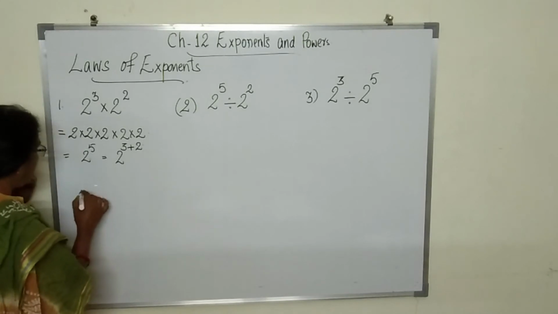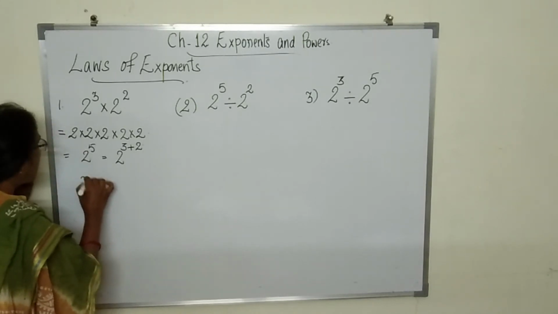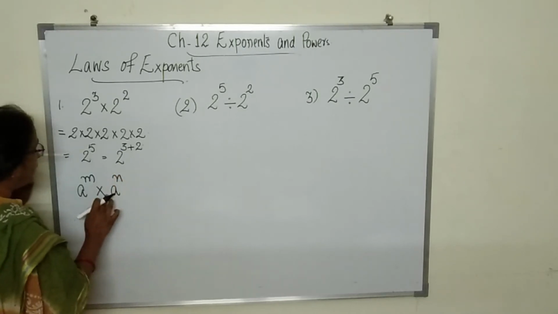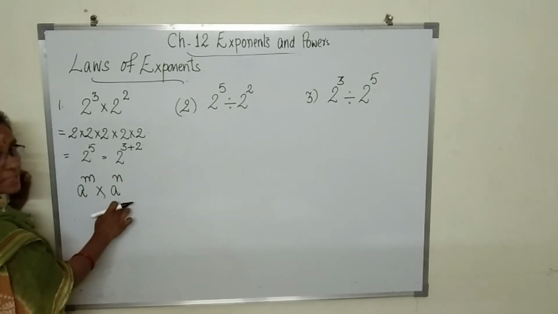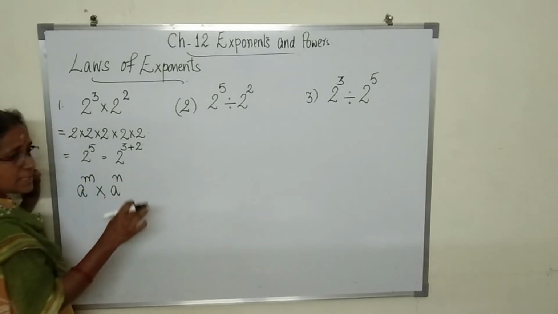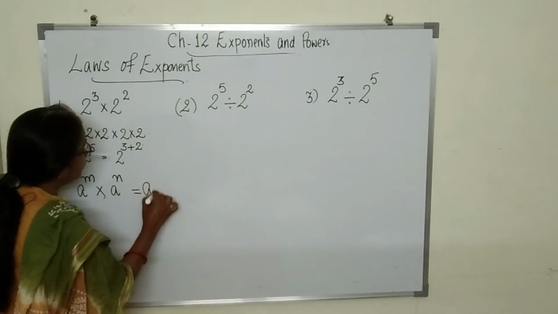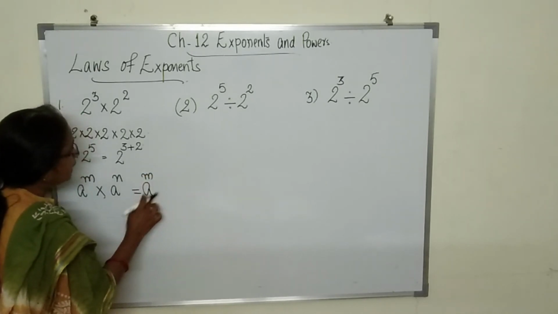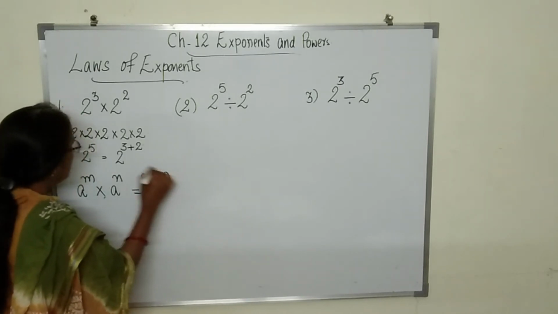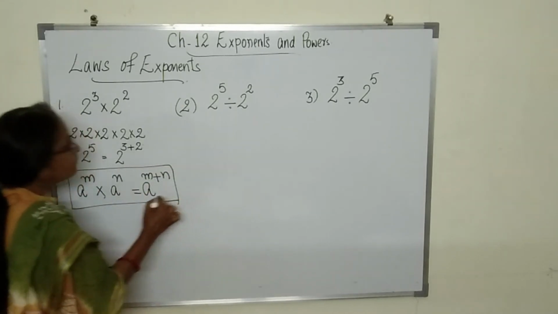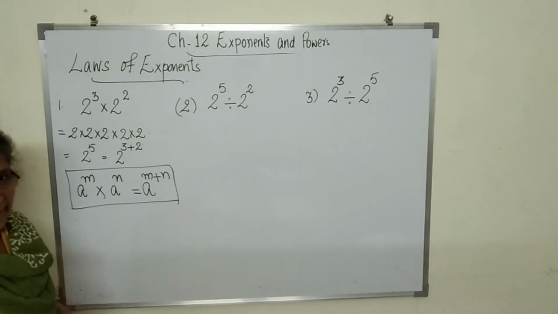In general, a raised to m multiplied by a raised to n, where the bases are the same and exponents are any numbers, is equal to a raised to m plus n. This is the first law of exponents.